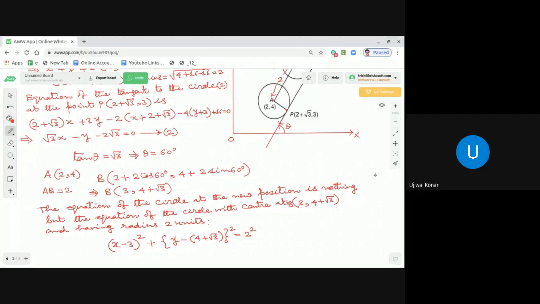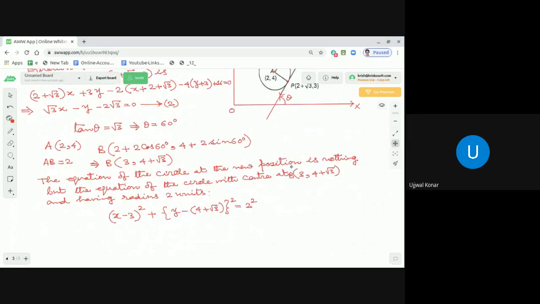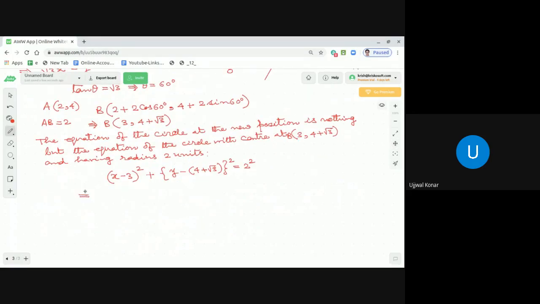If you simplify, you will get something like this: x square plus y square minus 6x minus 2 into (4 plus root 3) into y plus 24 plus 8 root 3 is equal to 0.